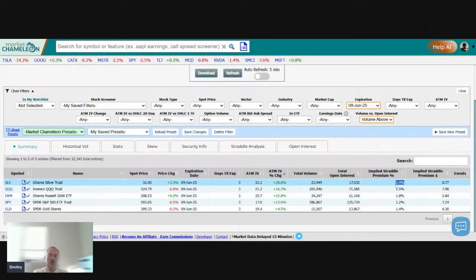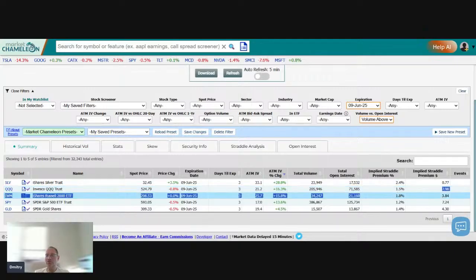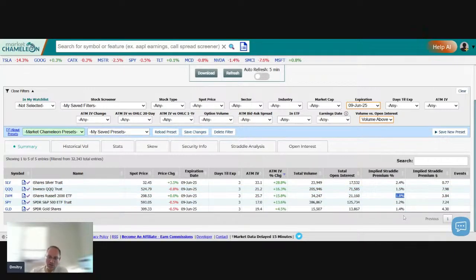Okay, so this SLV is implying a move of up or down 2.4% by June 9th expiration. This one's 1.5%, 1.8%, and there's an easier way or different perspective to compare straddle prices.